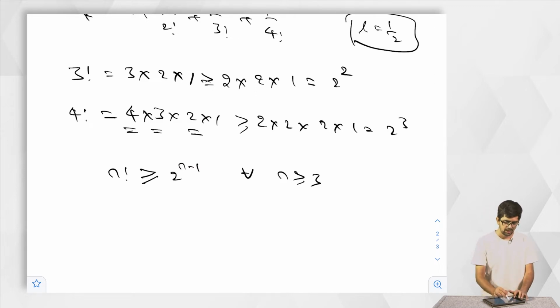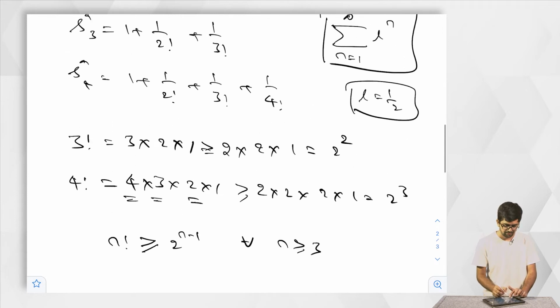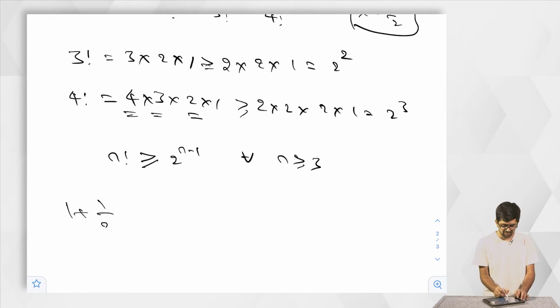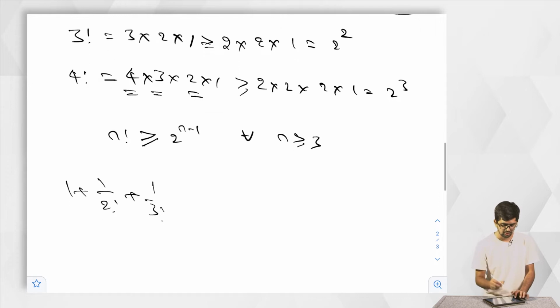Now what? Observe that in 1 by 2 factorial plus 1 by 3 factorial, 3 factorial is greater than or equal to 2 square. So 1 by 3 factorial is less than or equal to 1 by 2 square. So let us write that.